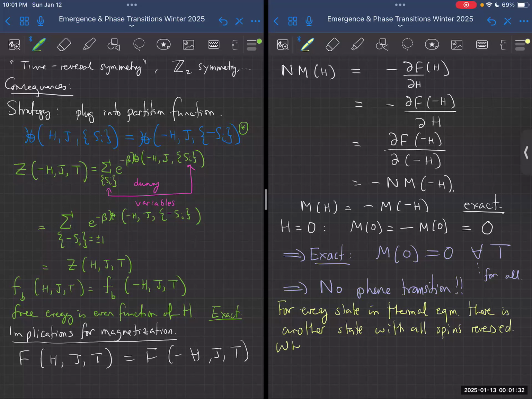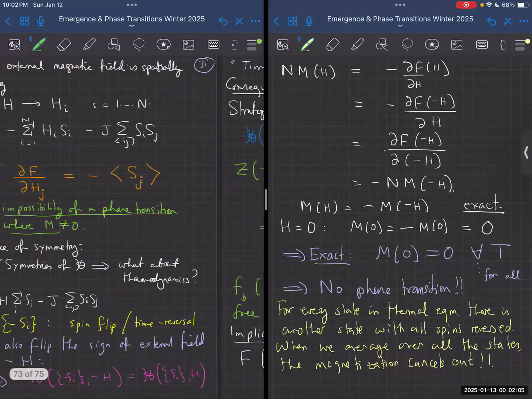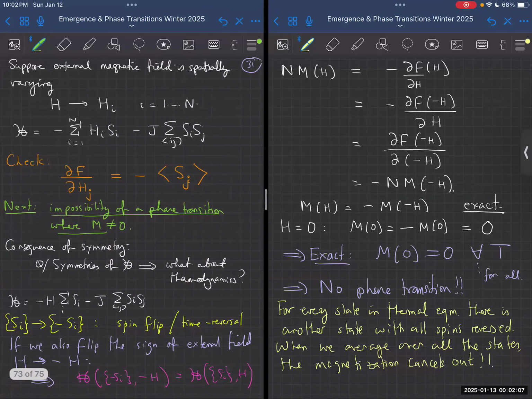And so when we average over all of the states, the magnetization cancels out. Okay, so that's very subtle, and we need to understand that.